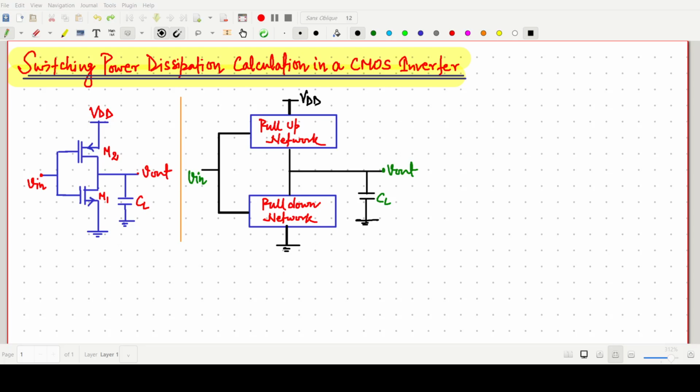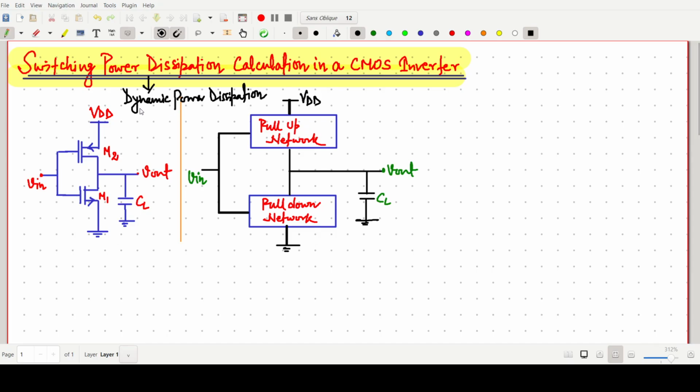Welcome everyone. In this video lecture, we will think about the switching power dissipation in a CMOS inverter. Switching power dissipation is one type of dynamic power dissipation, which occurs when the circuit is in the on state.